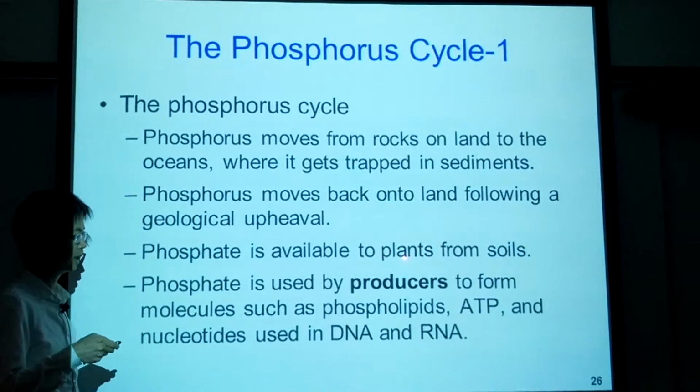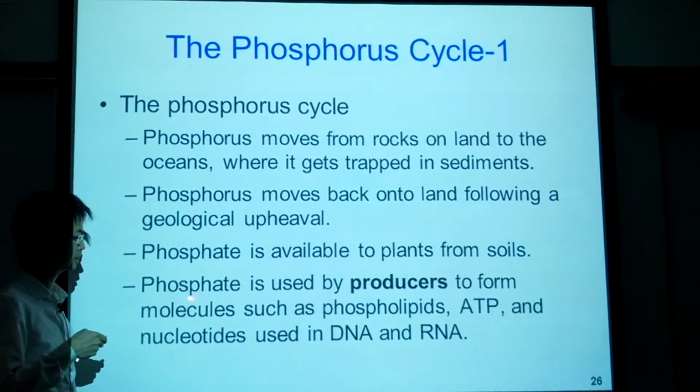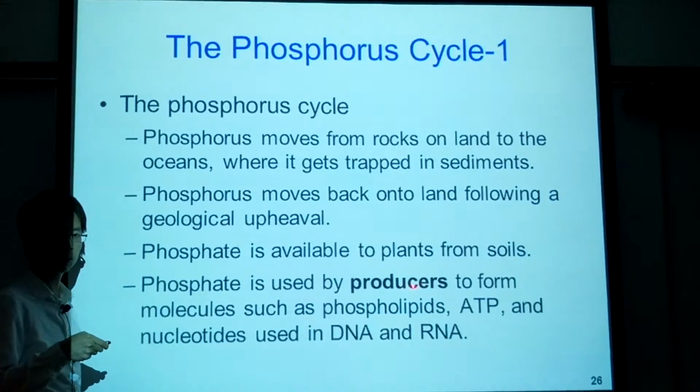That's how plants acquire phosphorus, because plants absorb phosphate from the soil. And then phosphate is a nutrient used by the producer. The plant can use phosphate to form phospholipid as the cell membrane.